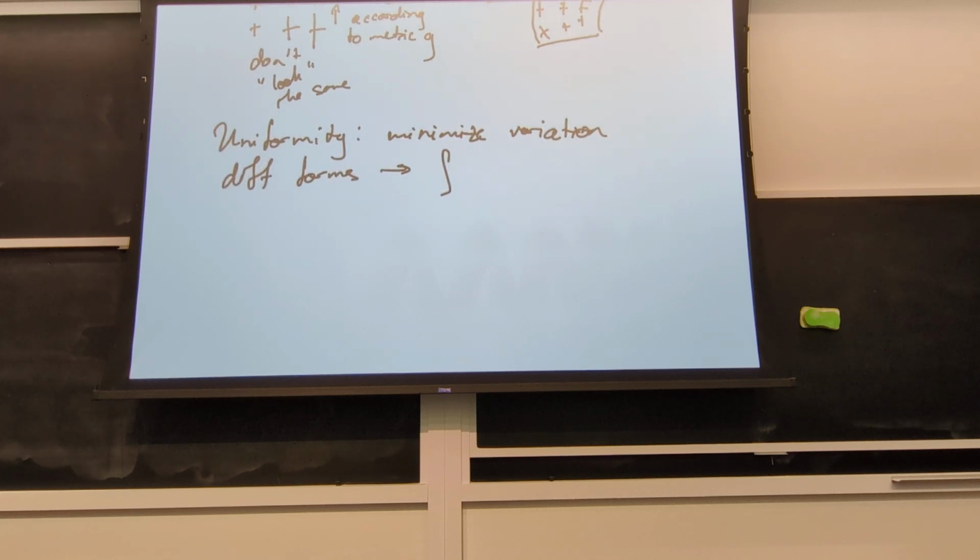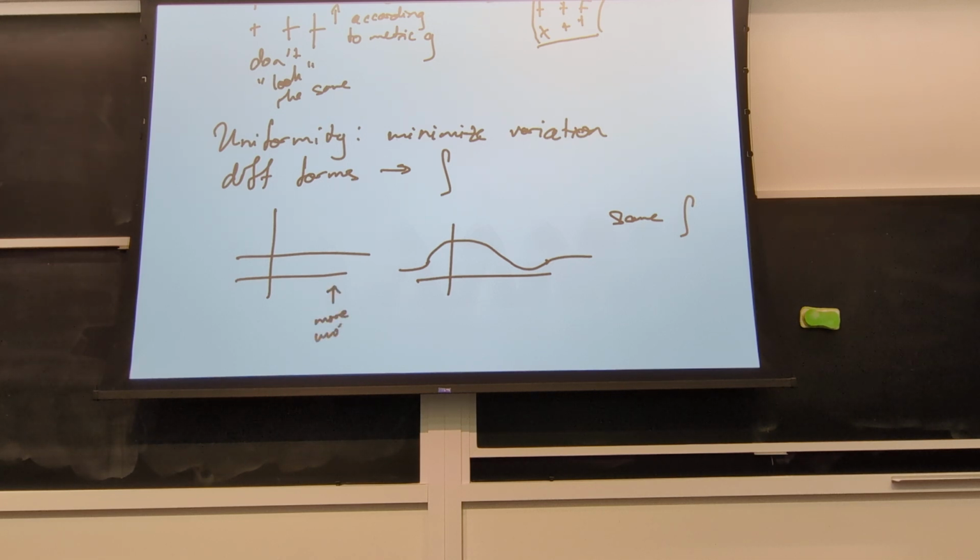So let's say you have two functions which have the same integral. Clearly this one is more uniform, right? But how do you detect that it's more uniform? Well, if this is f and this is g, then the integral of f is equal to the integral of g, so that doesn't give you much information.